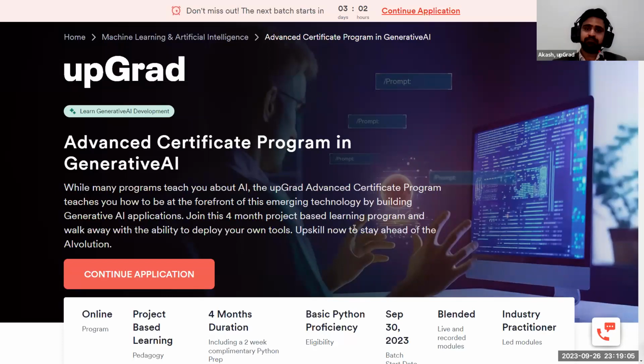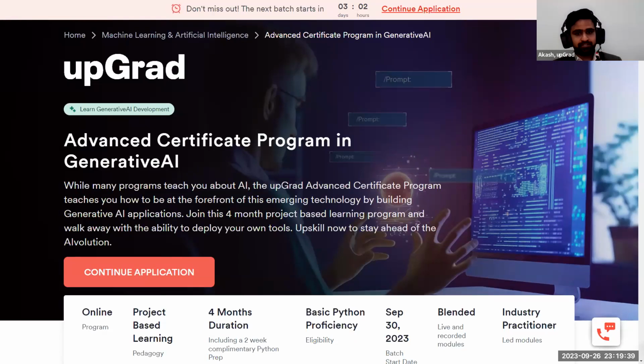Now, the idea behind this particular program, the Advanced Certificate Program in Generative AI, is to ensure that even if someone is coming from a non-technical background, or even if they're coming from a technical background, we can help them understand the basic Python programming with our complementary Python bootcamp program, and ensure that they understand the basics first. Then they go ahead and learn how they can create their own platforms with the availability of these large language models that Professor mentioned. And these would be majorly the open source models that you'd be using.